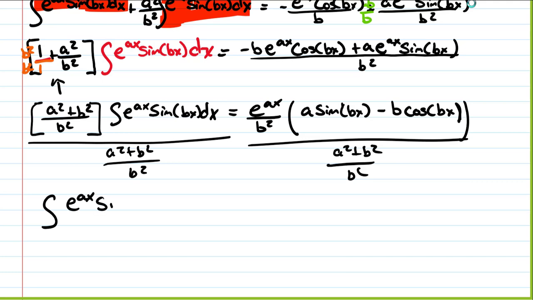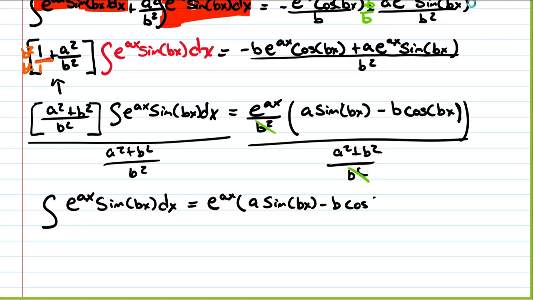So after all of that, the b squareds would reduce out, and we're left with e to the ax times a sine bx minus b cosine bx all over a squared plus b squared. Holy guacamole, right?